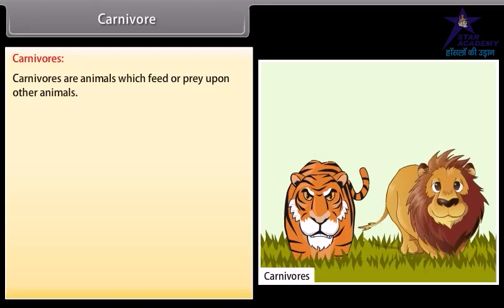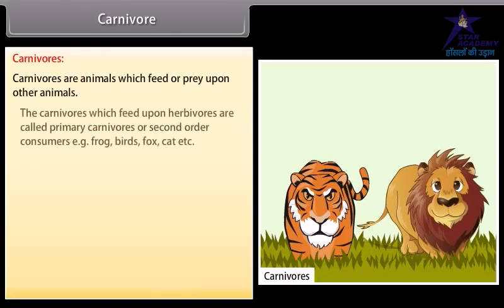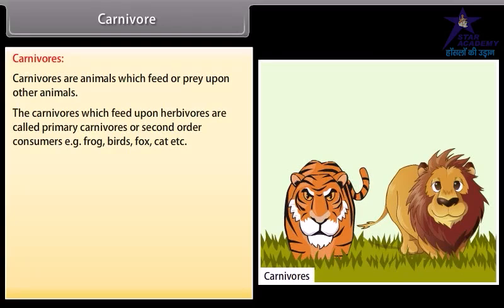Carnivore. Carnivores are animals which feed or prey upon other animals. The carnivores which feed upon herbivores are called primary carnivores or second-order consumers.